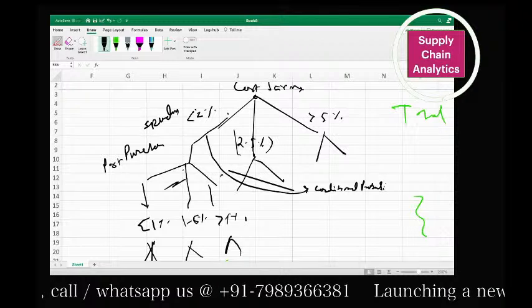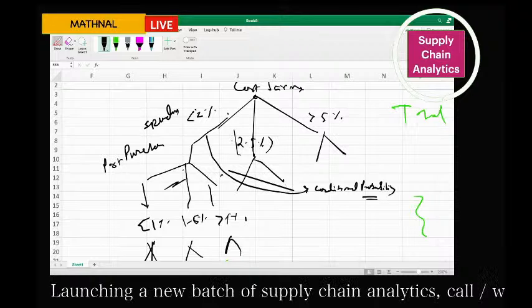So when we go to the third branch, before going to the third branch, what we will do? We'll combine the first and second branch. So how does the logic work?